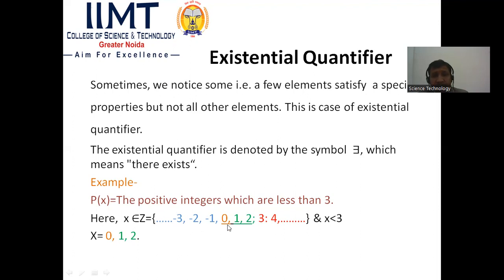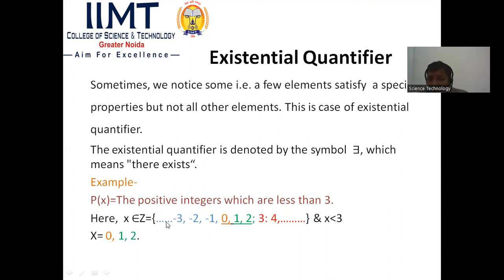Then we notice that the positive integers which are less than 3 are 0, 1 and 2, because Z is the set of all the integers. Some integers are negative, some integers are positive. So only 0, 1 and 2 are the positive integers which are less than 3.